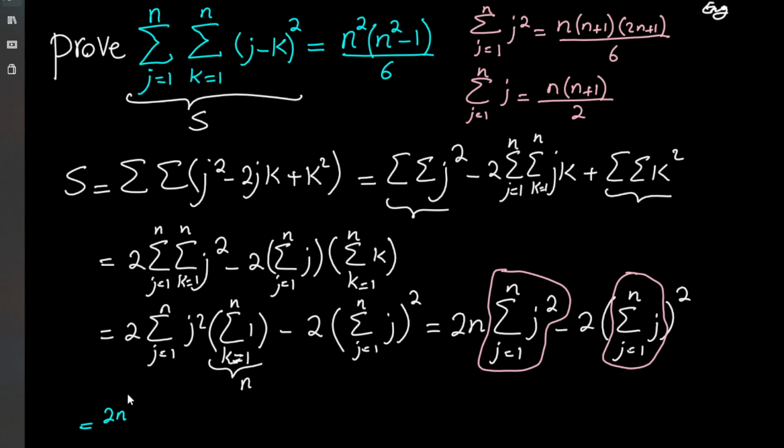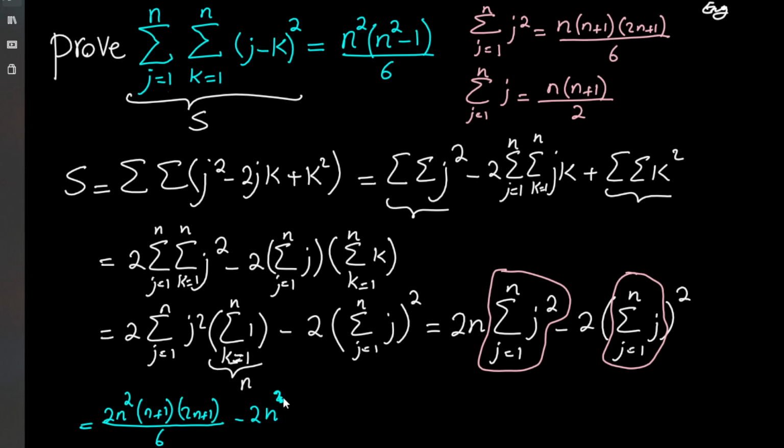So it will be n squared effectively, because 2 times n becomes n squared, and then I have n plus 1 times 2n plus 1 divided by 6. And for this one, I substitute n times n plus 1 divided by 2, squared, so it becomes negative 2 n squared.